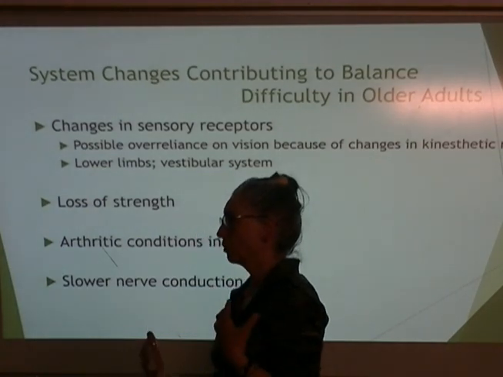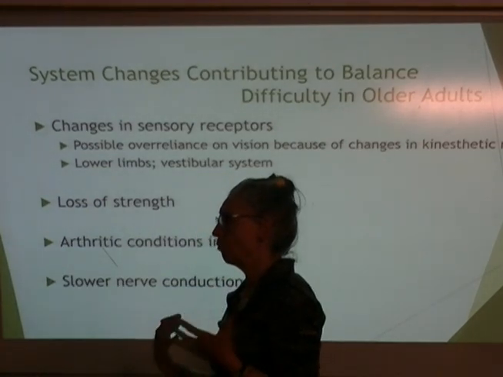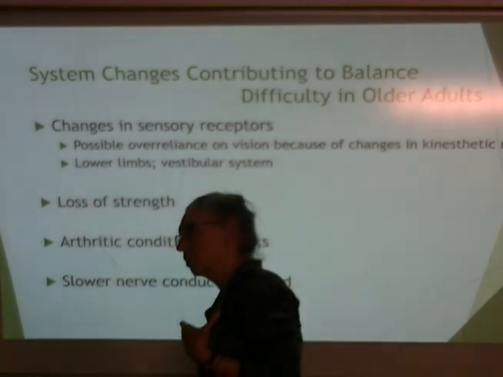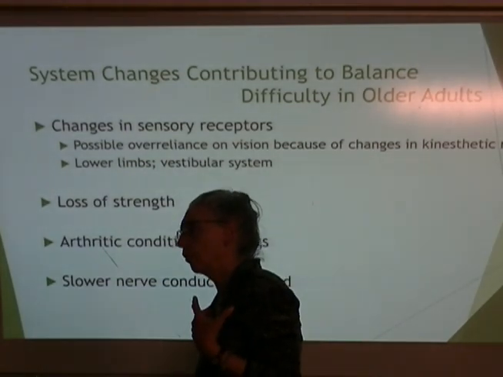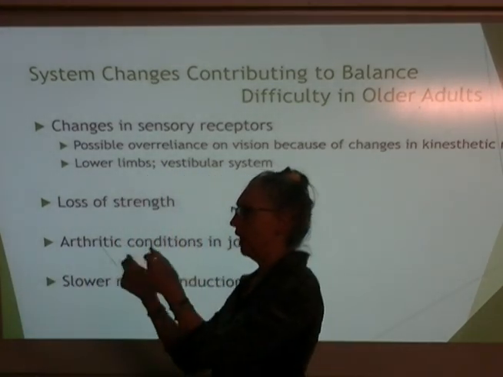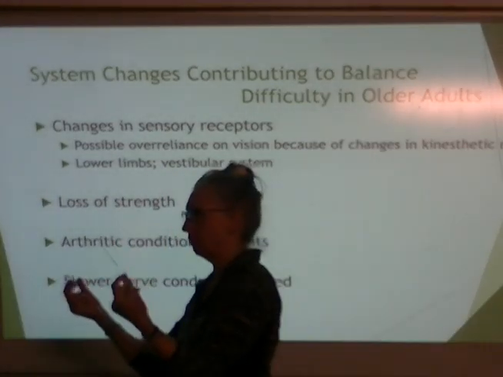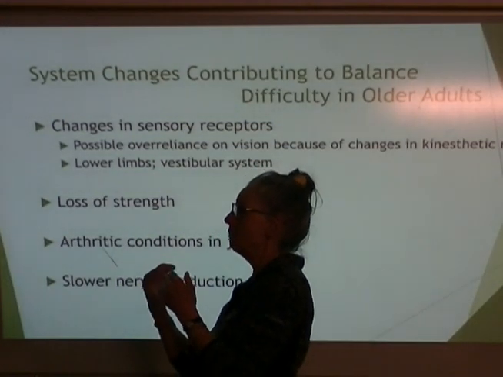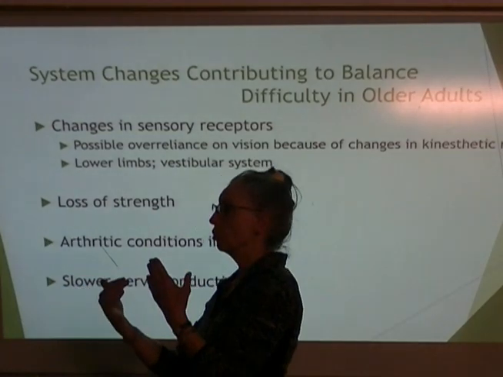Diabetics often end up developing gangrene and have to lose a lower leg or a foot, right? But before it gets that bad, that information from pressure receptors and things is not very reliable, and so they're much more likely to topple.